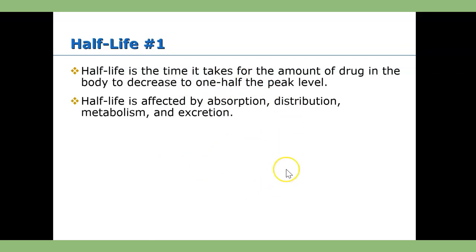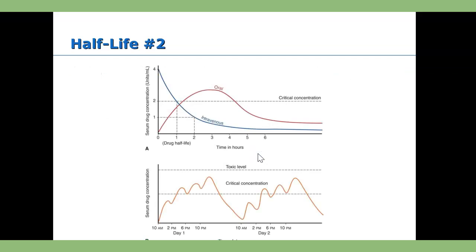So if someone has kidney disease, renal disease, liver issues, or even, again, taking those proton pump inhibitors that are decreasing the acid so it can't absorb as well. And if you see here on the graph, remember we talked about critical concentration, this is exactly where the drug needs to be.